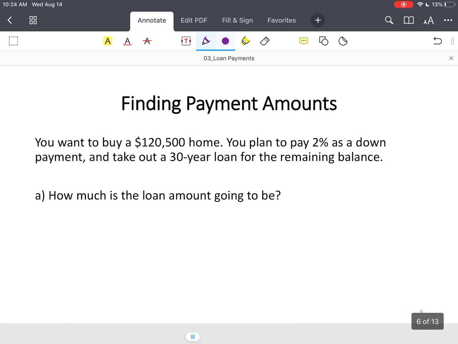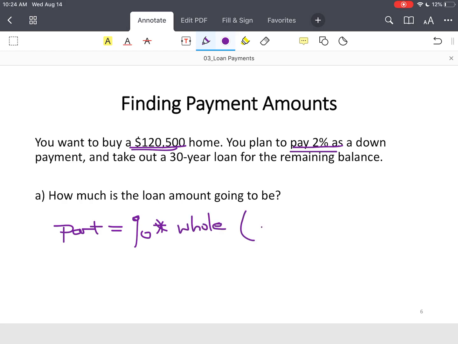All right, so now we're going back to that first lesson. We put 2% down, right? So that's down payment. We know how much the house costs. So we want to figure out the part equals the percent times the whole. And in this particular case, the part is our down payment.